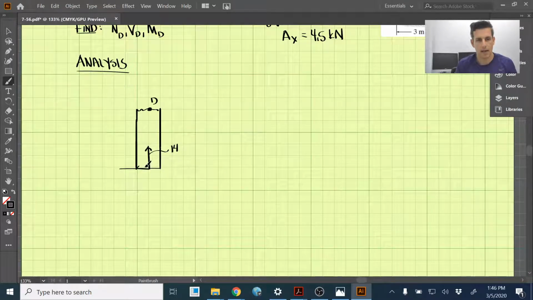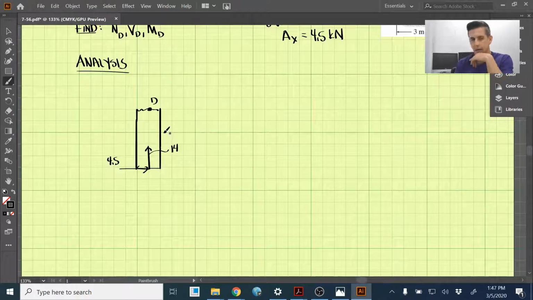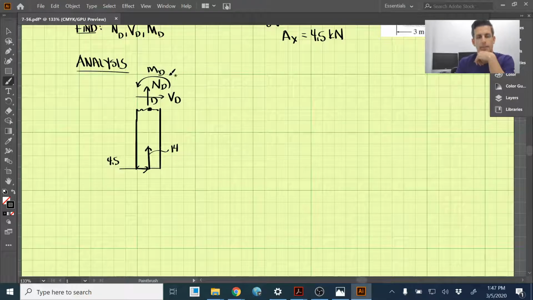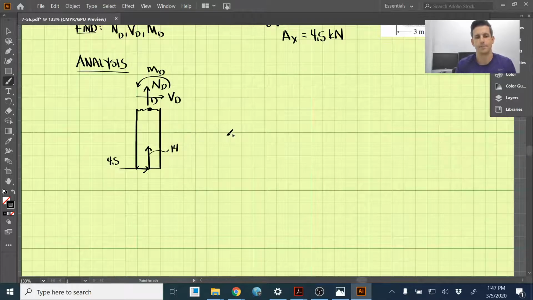And then we have AX, which we just solved for, that's 4.5. Okay, and what we're looking for is the normal at D and the shear, and then lastly the moment. So we can draw the moment in this direction, the moment at D. So all these internal components here at point D.